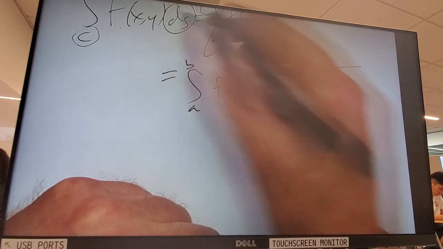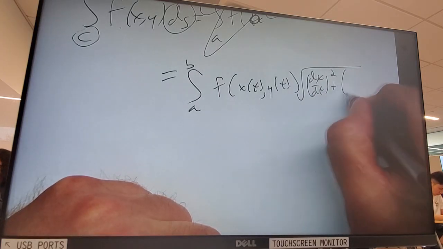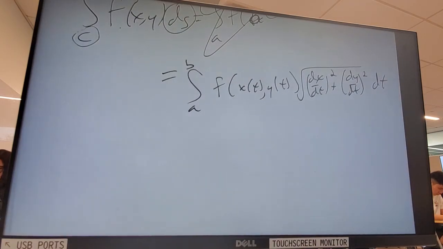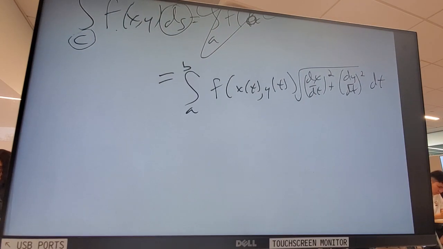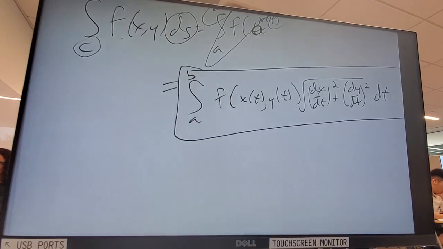Then I've got to replace ds with what it is in terms of my parameterized expressions. That looks a little bit daunting.